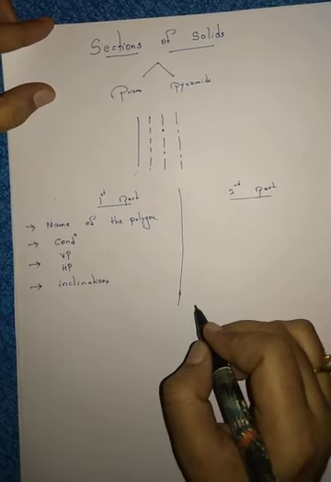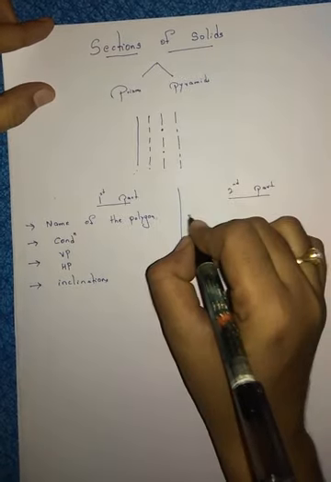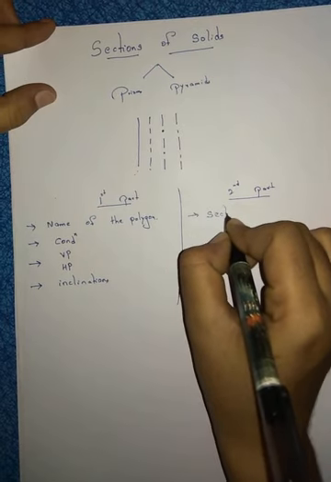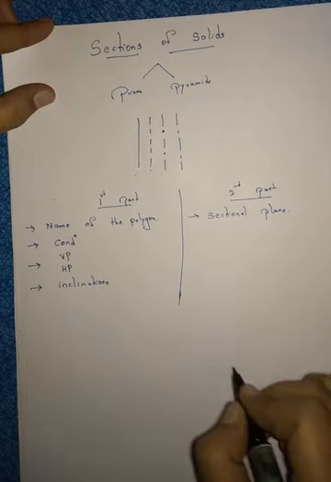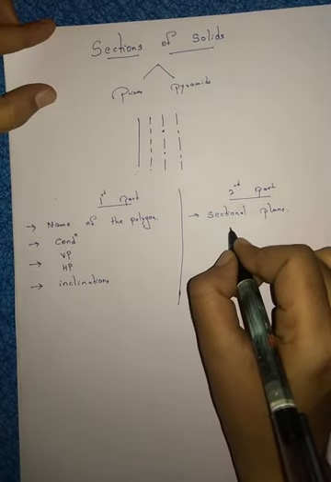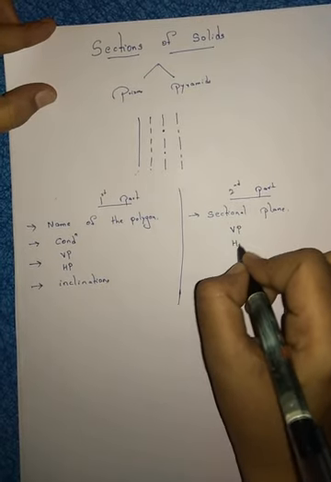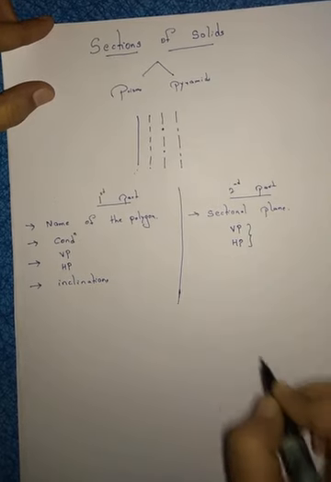Coming to the second part of the question, they will mention the sectional plane: where we have to draw the sectional plane, in VP or in HP first.